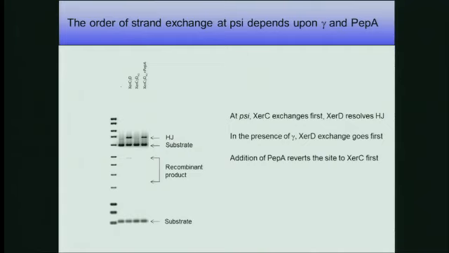So it seems that having these 3 interwrapping nodes outside it brings the sites together in such a way that XCRC will like to recombine first. And it overrides the protein's desire for XCRD to recombine first. So that synapse must be a pretty tight entity, bringing it together so that the order of strand exchange is already determined by that synapse.